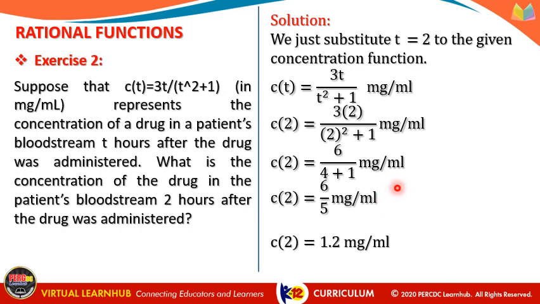In-indicate naman po sa problem na as long as yung t na inilagay mo ay hours, automatic, ang magiging unit nito is milligram per milliliters. Alright, so that is our answer. After 2 hours, the concentration of the drug will be 1.2 milligrams per milliliters.